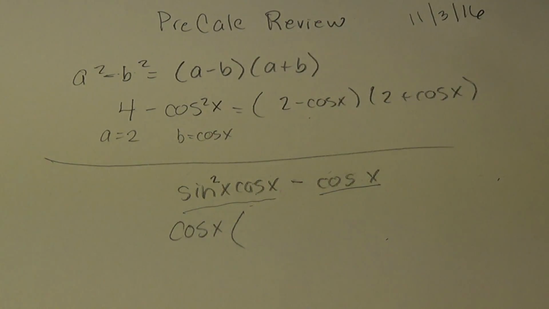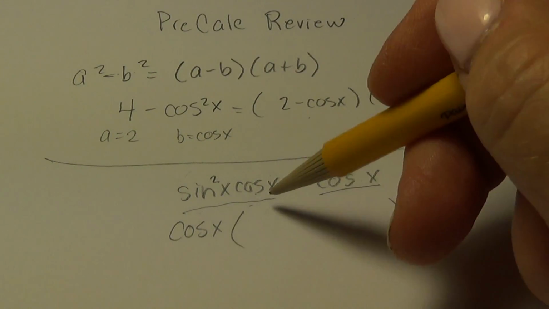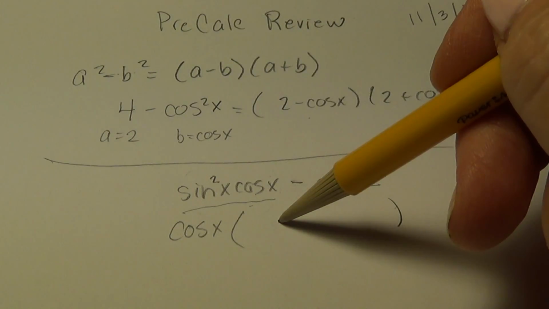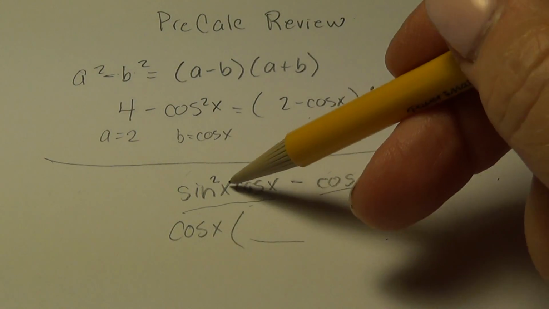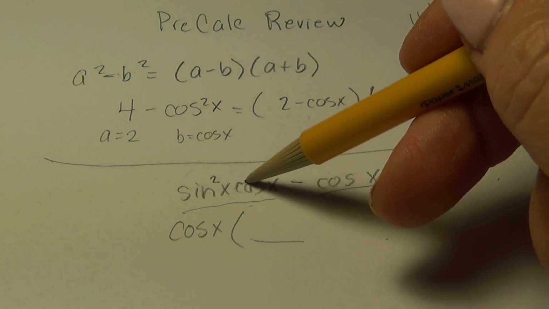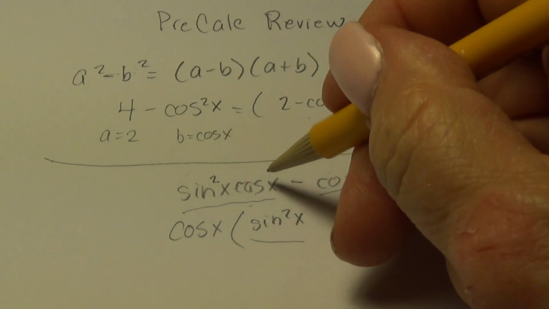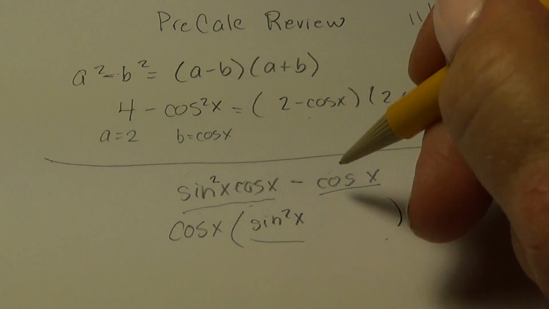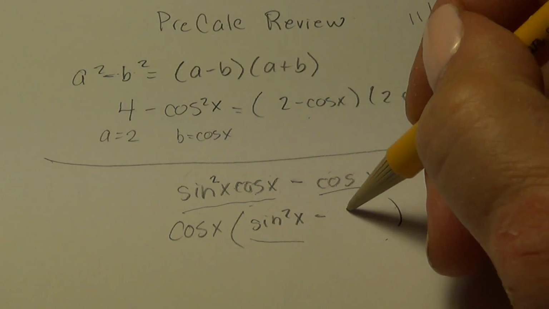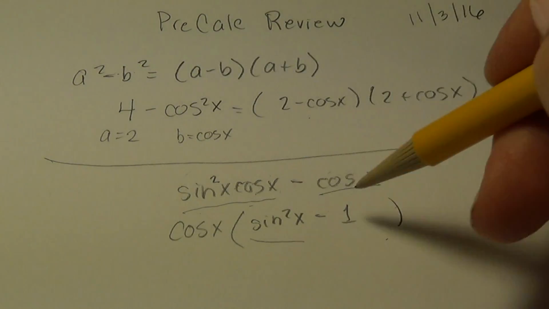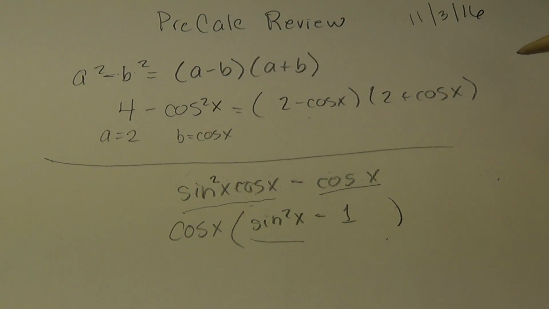When I factor it out, I put behind it in parentheses what will multiply times the cosine x to get me back to this first term. So what's left when I divide out or factor out a cosine x? And when the whole term is removed, it's replaced with a 1. So this is a trig ID, sine squared minus 1.